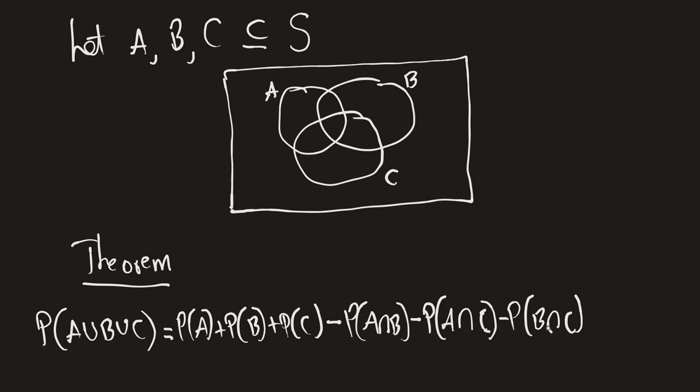And then the last thing you do is add back in the probability of the intersection of all three, like that. And this is the result if you're now talking about three events.